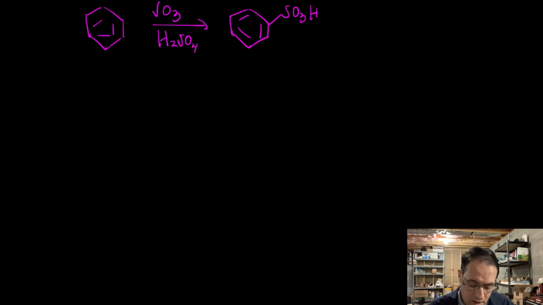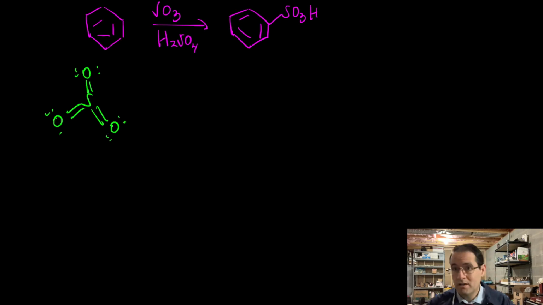SO3 is a gas, and that's why it's called fuming. If you were to open a bottle of fuming sulfuric acid, you need to make sure you're operating in a fume hood, because fumes of sulfur trioxide would actually come out of the solution, and when this substance dissolves in water, it makes sulfuric acid.